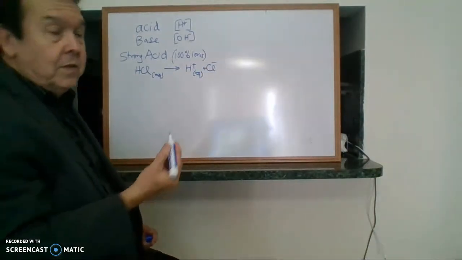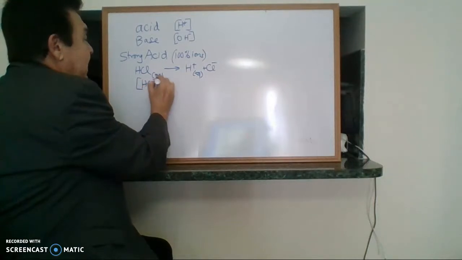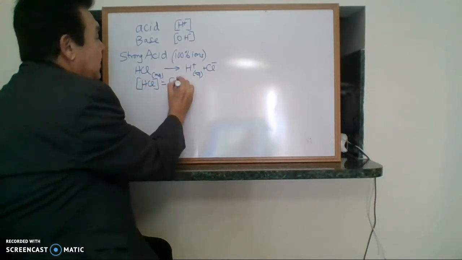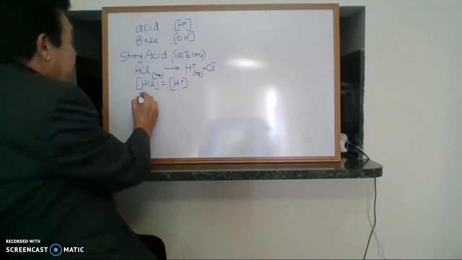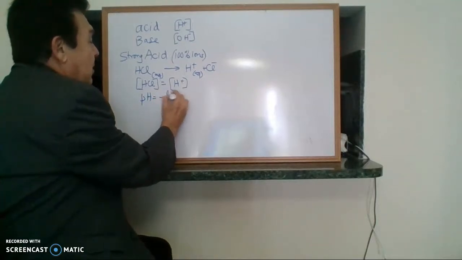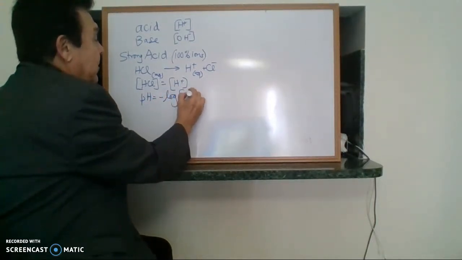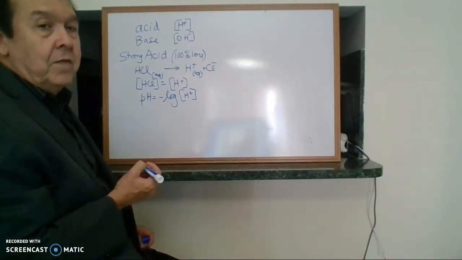For that reason, the concentration of the acid is equal to the concentration of the hydrogen ion. And then applying the formula for pH, that is minus log the concentration of the hydrogen ion, we can find the pH of the solution.